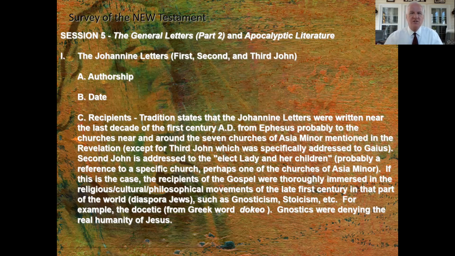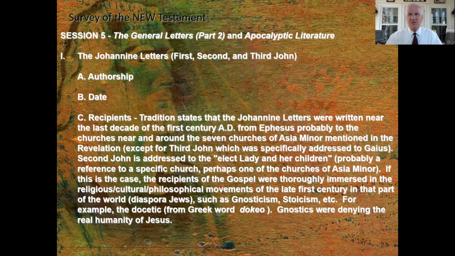If this is the case, the recipients were thoroughly immersed in the cultural movements of the late first century in that part of the world among diaspora Jews, such as Gnosticism and Stoicism, thoroughly immersed in the Greek thinking, Greek speaking, Greek philosophical worldview.